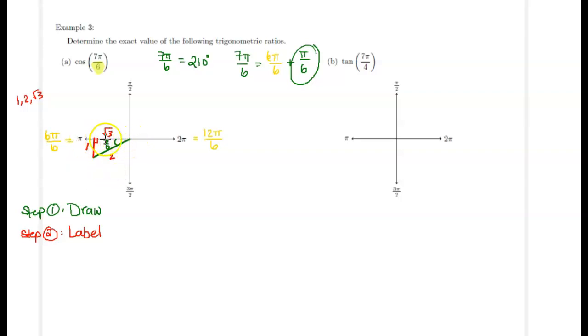So in the x component here, this is the negative side of the x's. So that means this is going to be a negative root 3. Well, what about this 1? It's on the y component. And y down here would be negative. So this is also going to be a negative 1. So be very careful to watch those negatives.